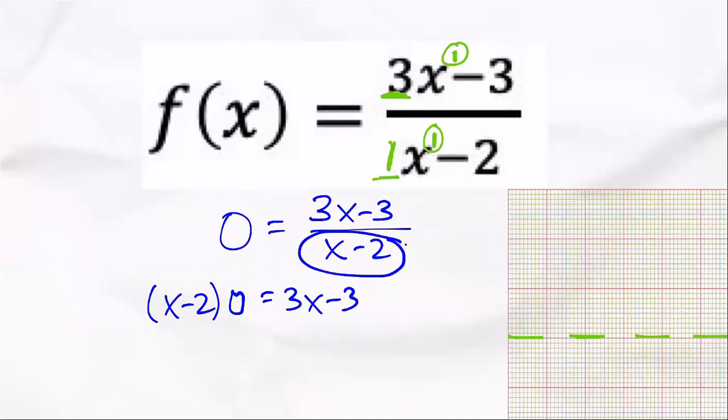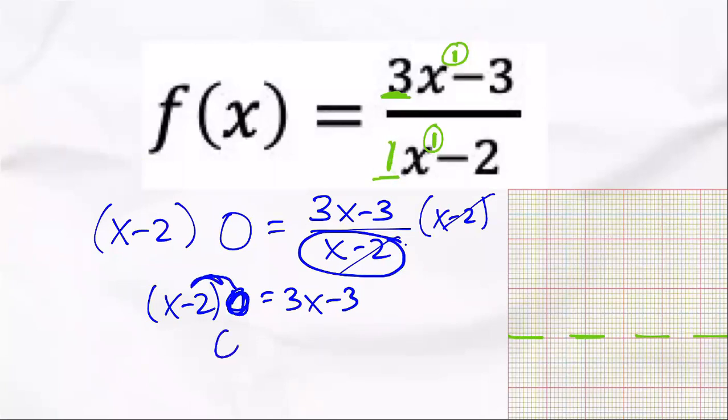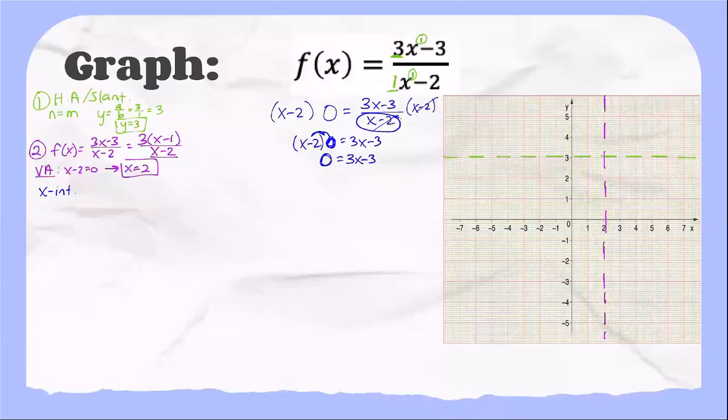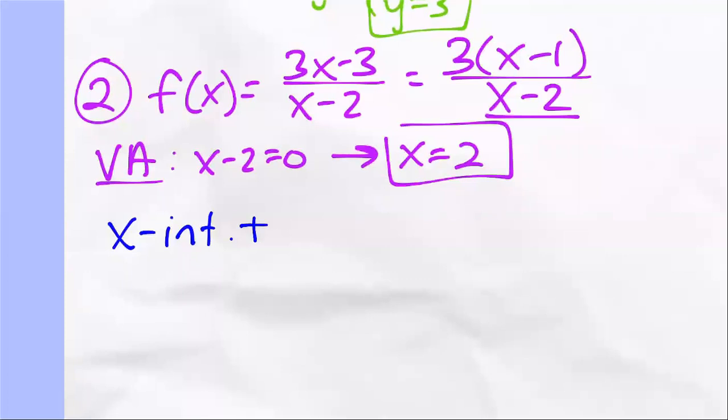Right, I would multiply this over because here it's going to cancel, but you have to do it to both sides, right? So when you multiply over, 0 times anything is still going to be 0. And that happens every single time. So your x-intercepts, this is something really important.